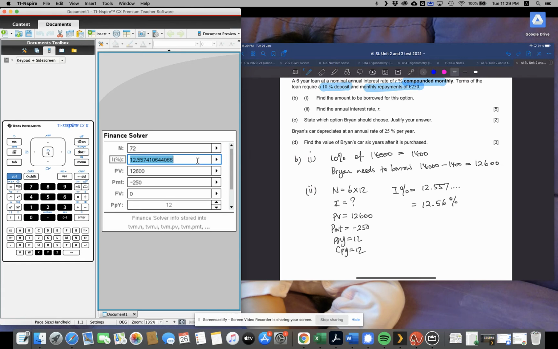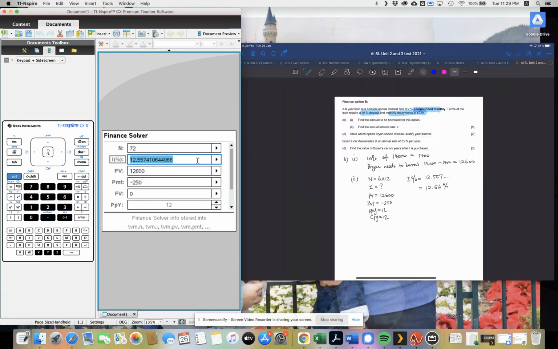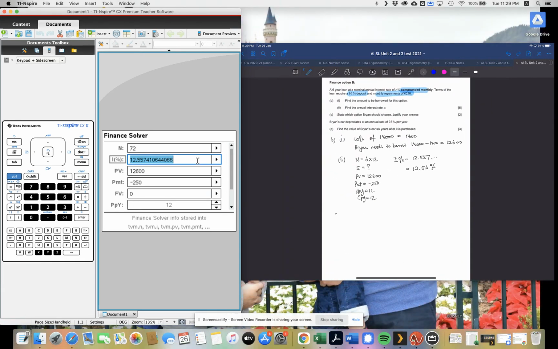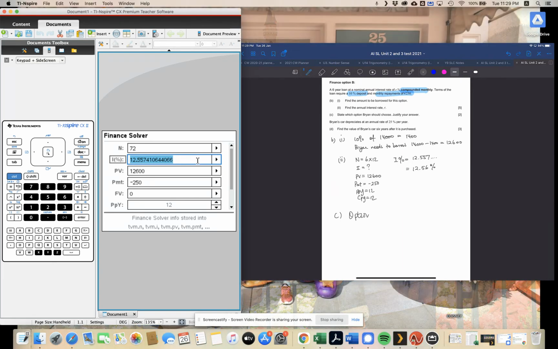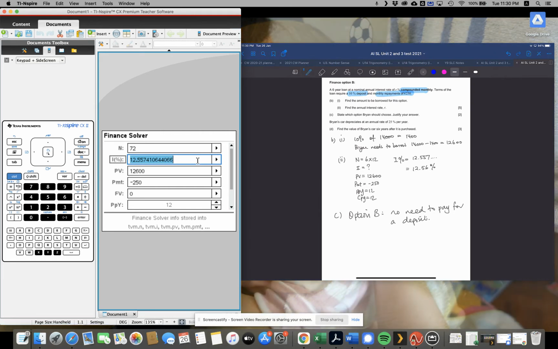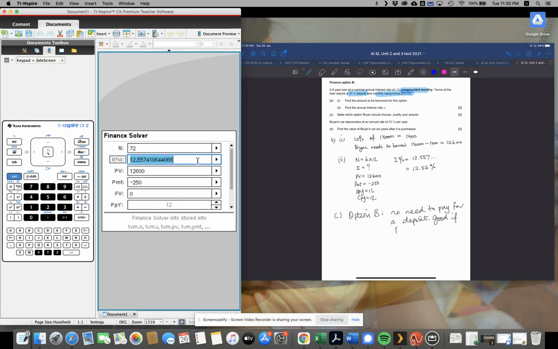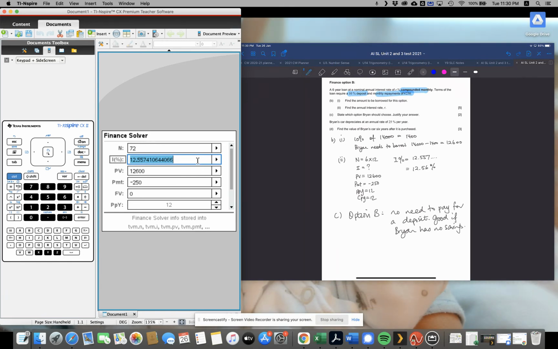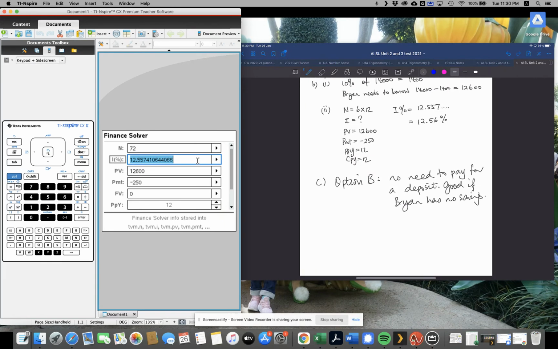You can use that reason to say option B, to part C, option B, you can say no need to pay for a deposit. Good if Brian has no savings. This would be considered a valid reason.